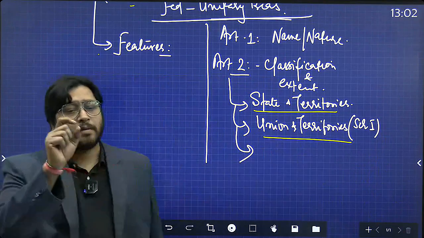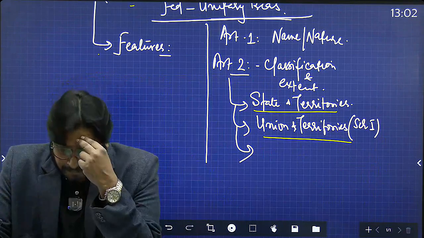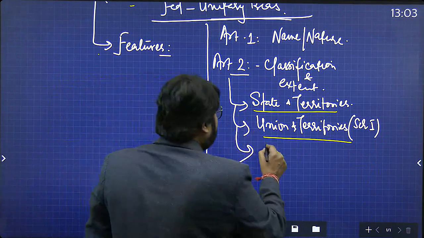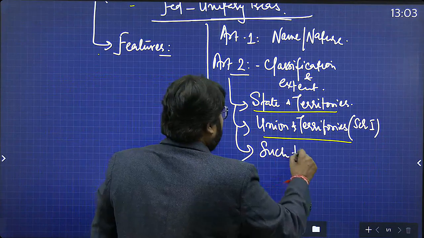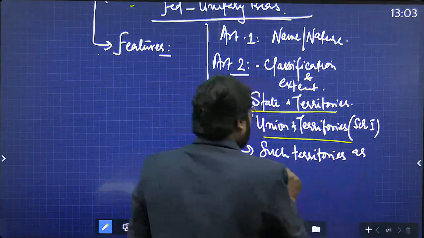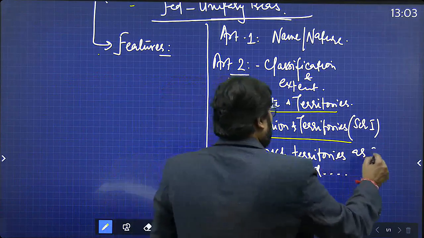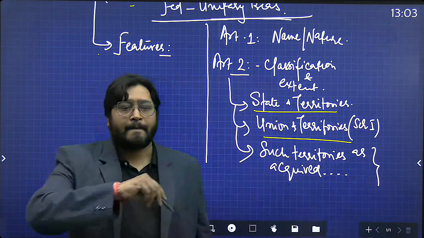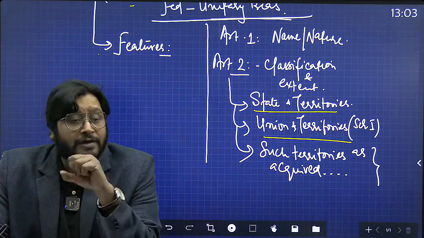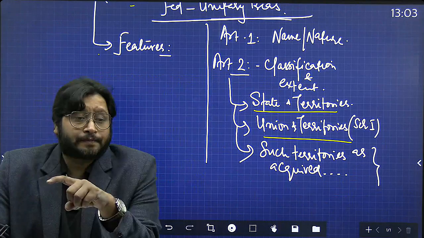What does the third term, union territory or union and its territory, mean? Right? Or you can write, such territories. When you say union territory or union and its territory, it relates to the union government and states.